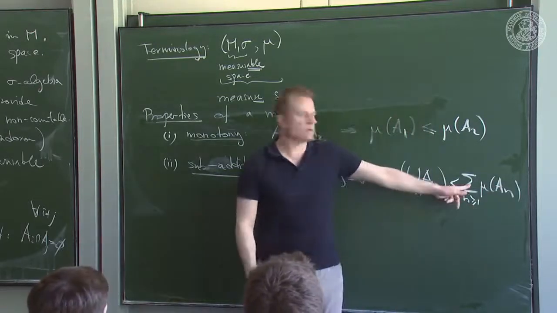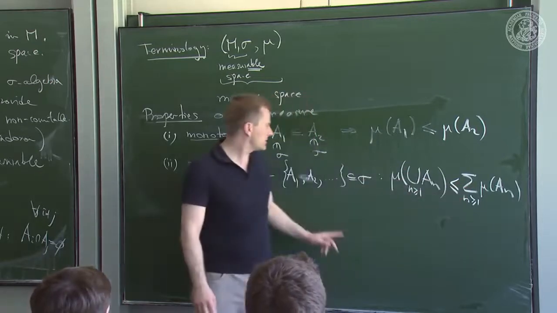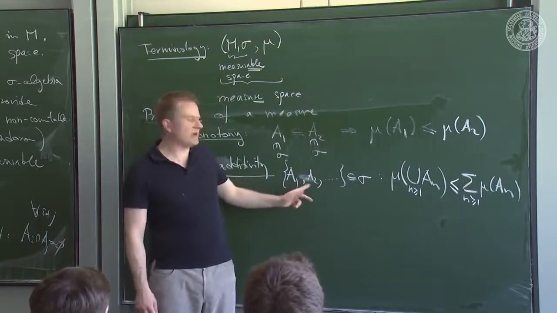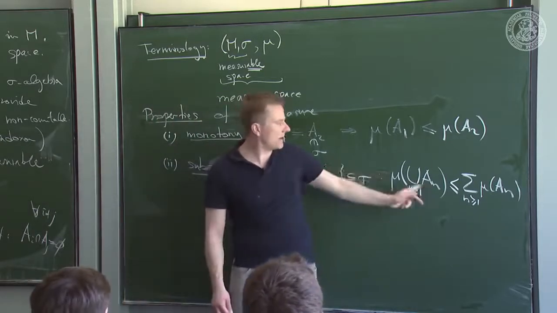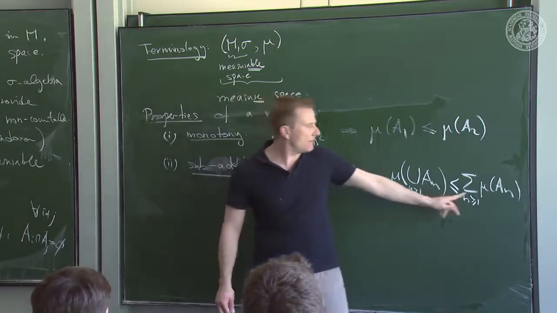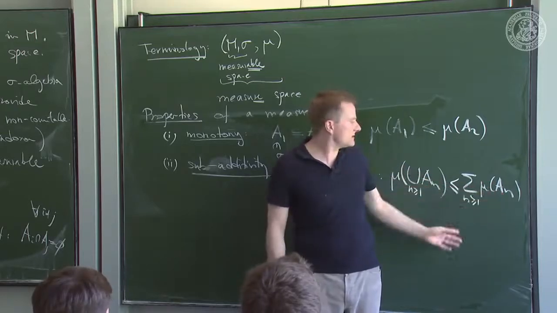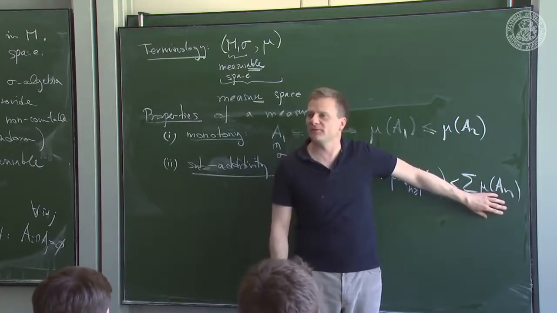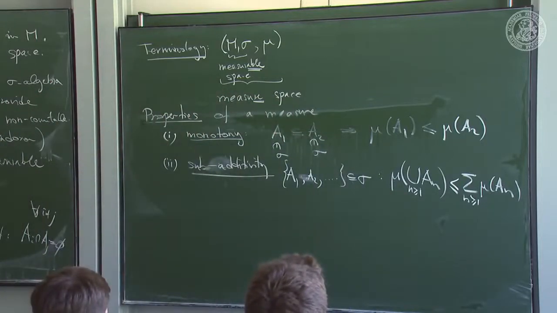Roughly speaking, on the right-hand side you may overcount quite a bit, because whenever two sets have a non-empty intersection, that does not show up in the union, since the union identifies the points, but it does show up over here. So you greatly over-measure the volume on the right-hand side, hence you get this estimate. However, very often you're only interested in the estimate, so that's a meaningful generalization.